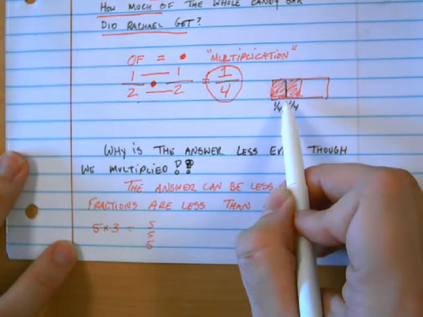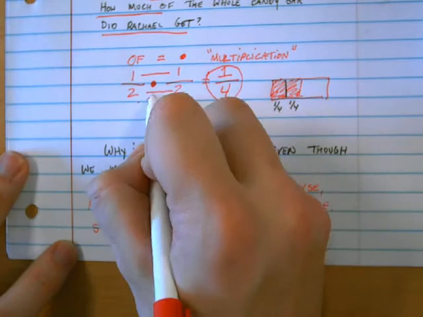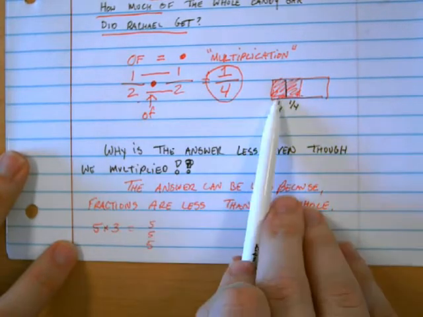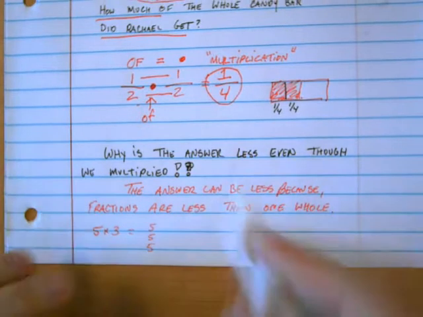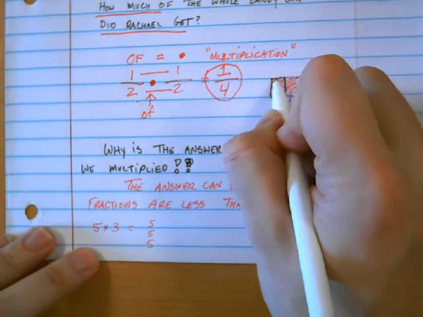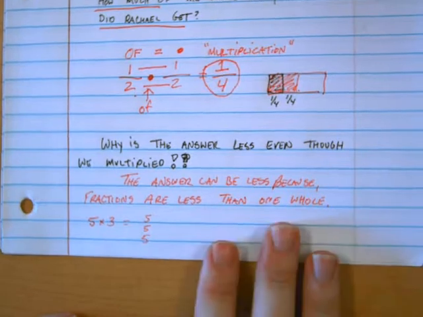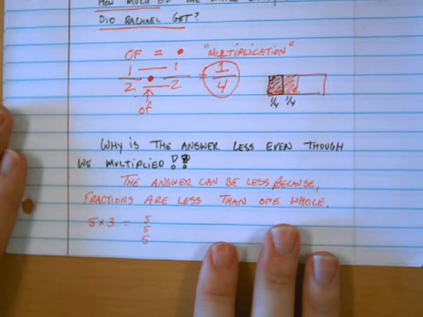So you take half, and then you only have half of that, because multiplication is "of." So this is half of 1/2, and this represents our answer right there. When we're multiplying by fractions or decimals, we may get an answer that is less than 1/2.